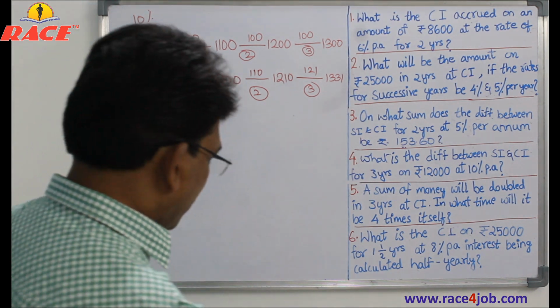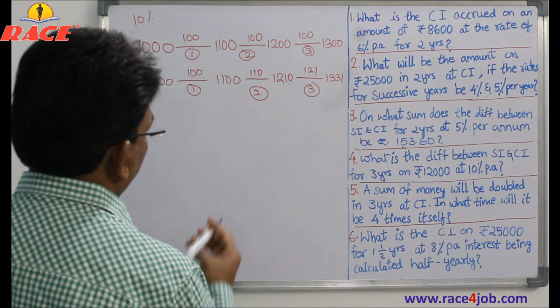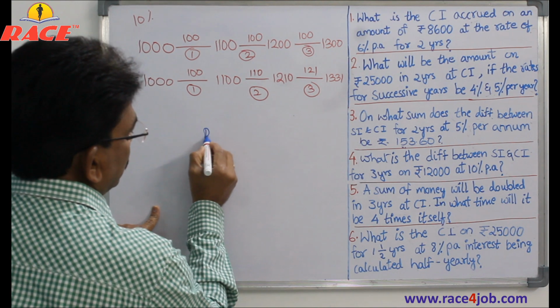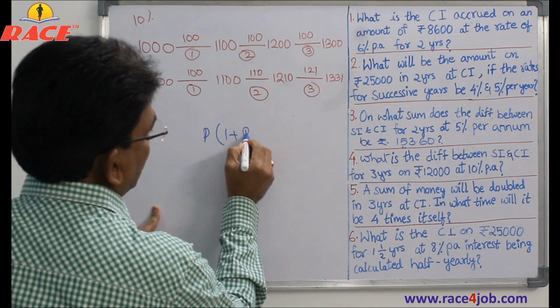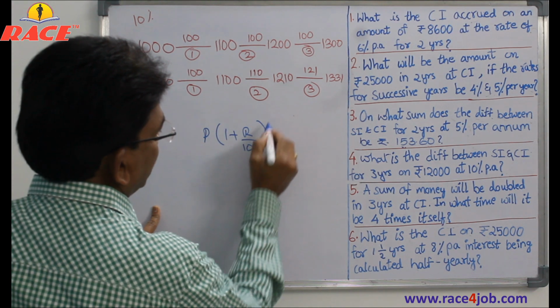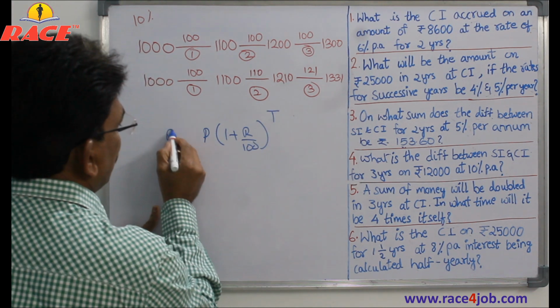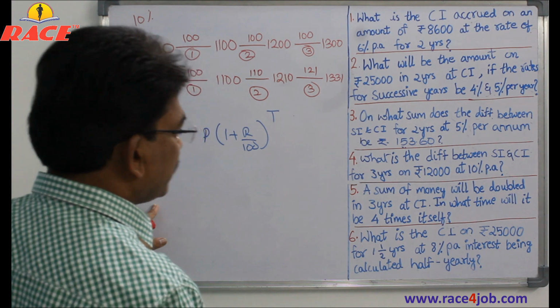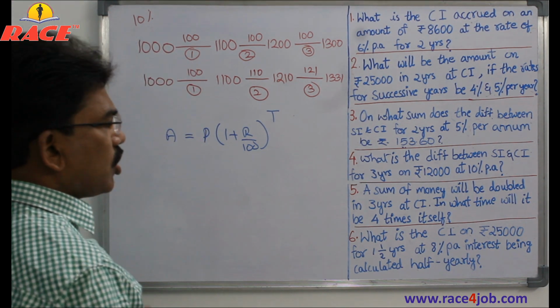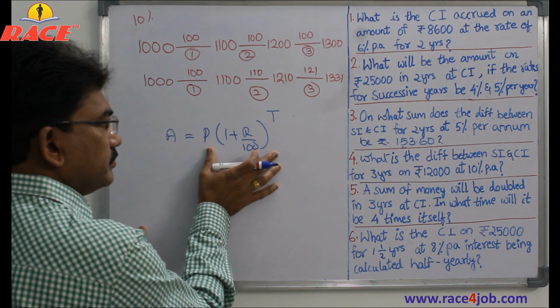Formula is the second way. Let me give you that formula. We know P into 1 plus R by 100 whole power T. This is amount. This formula gives us amount. If you want compound interest, we have to deduct principal from this.